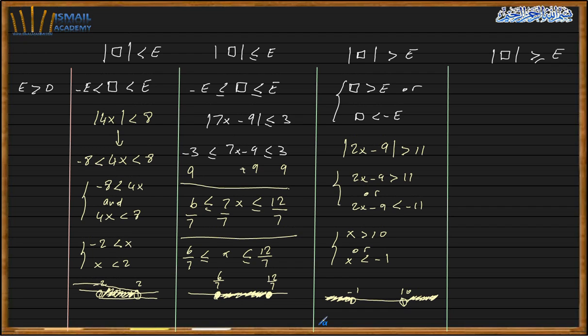For the last one, we include those two numbers in the solutions. So here we have the absolute value is greater than or equal to e.